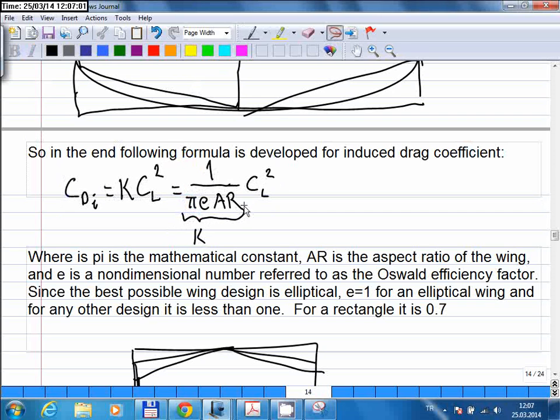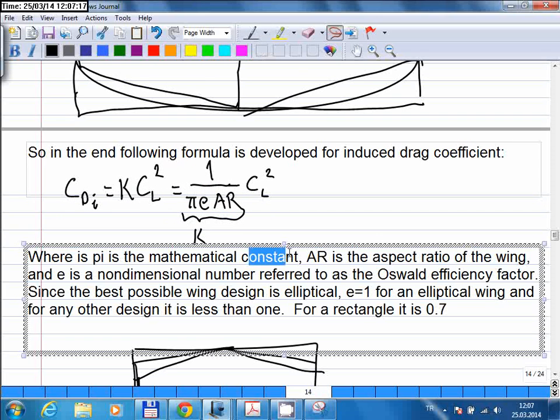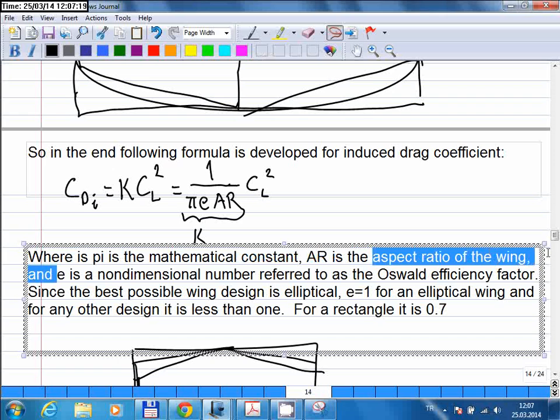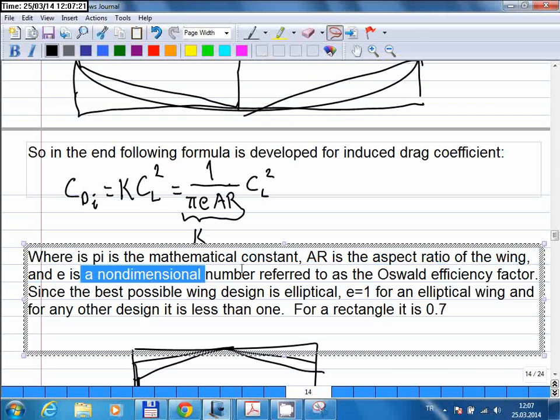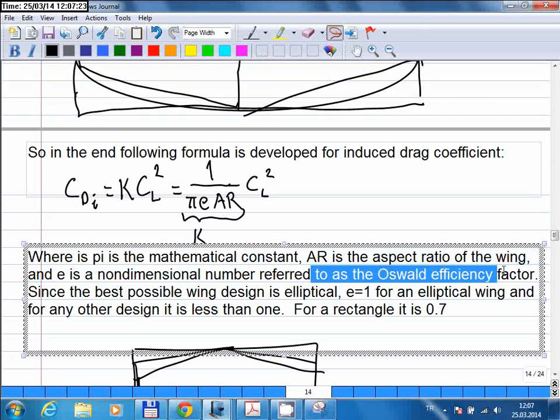But the aspect ratio is here directly, and the wing planform shape design is added into this E number. Okay, where pi is the mathematical constant, aspect ratio is the aspect ratio of the wing, and E is a non-dimensional number referred to as the Oswald efficiency factor.